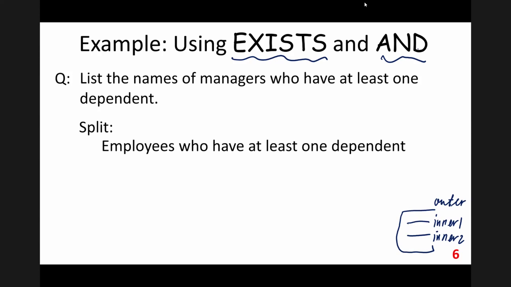Who have at least one dependent. Second one, employees who are managers. All right, so now after we split it, then we can use correlated nested query to write.